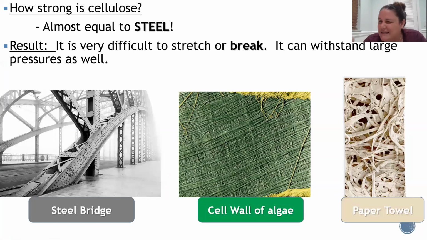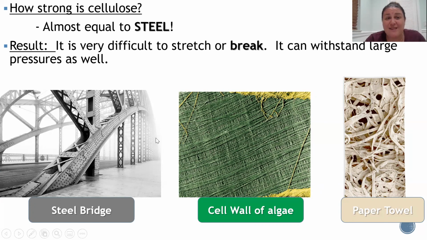And how strong is it? I'm sure you guys are all wondering this at home. It is almost equal to steel. Cellulose has a very high, what we call tensile strength. Tensile meaning that it's very, very difficult to stretch or break, and it can withstand really large pressures.